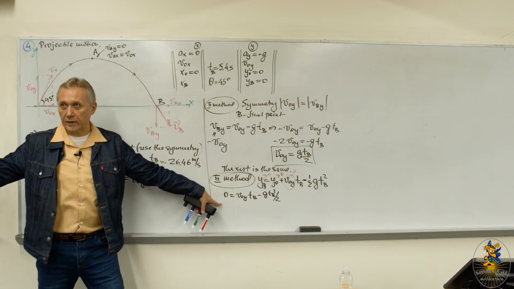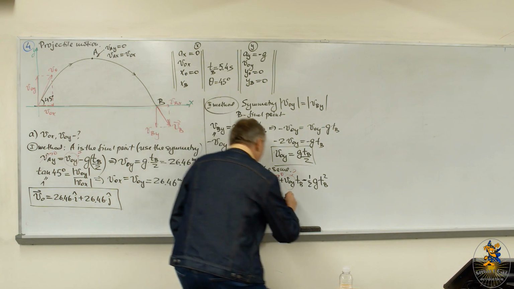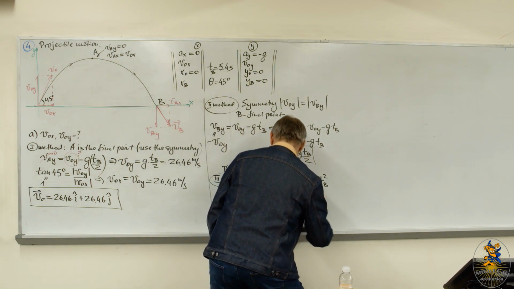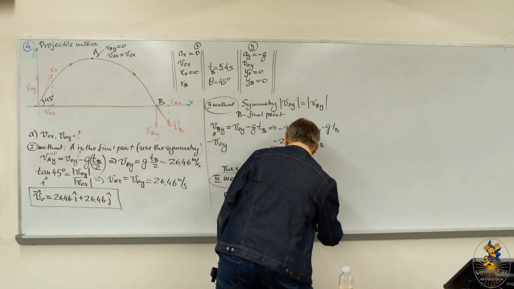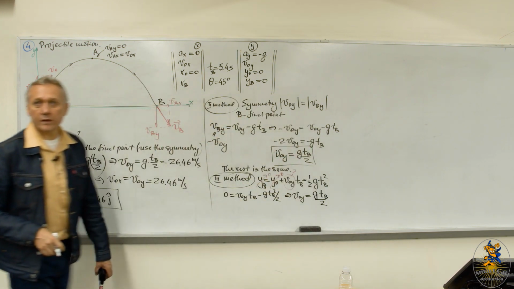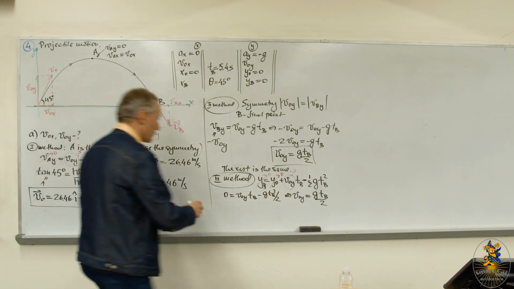Minus, minus on both sides can be dropped, and we can solve it for v naught y. V naught y will be equal to, t gets cancelled, g t_B over 2. The same answer as the previous two methods, right? So g times time divided by 2. And then the rest, of course, is the same tangent, and then the same.